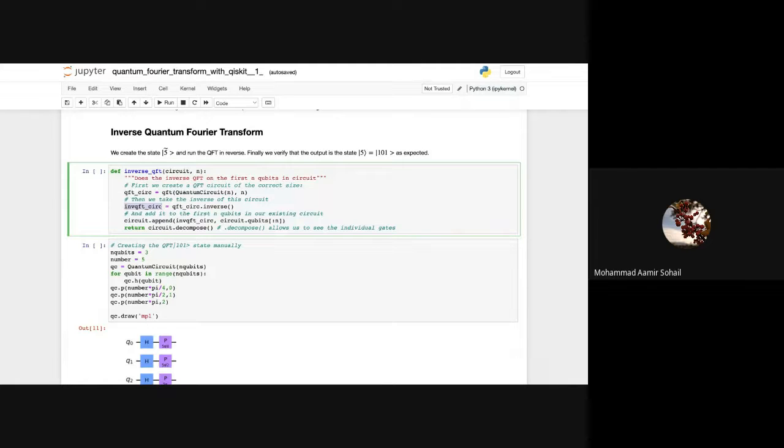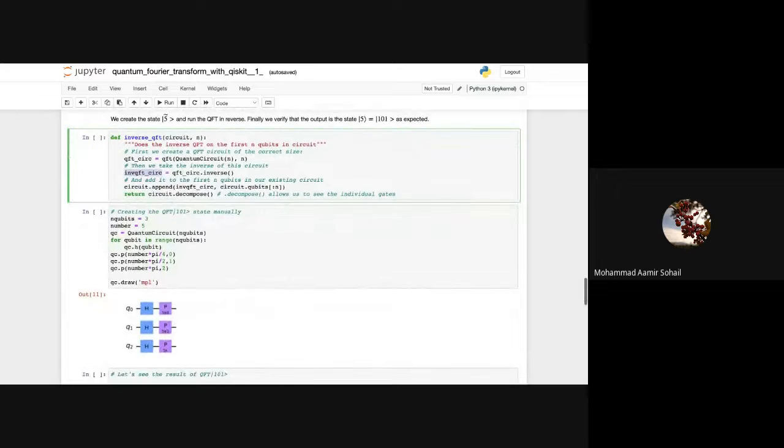And then here we are just appending the circuits, so we have this n qubit circuit, and we are appending the two circuits, the inverse with the qubits.